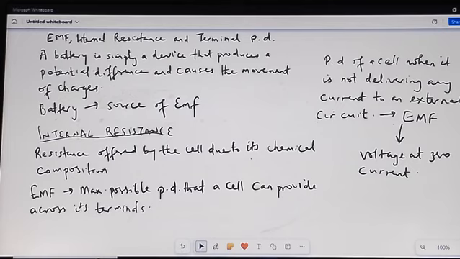So let's look at the relationship between the EMF of a cell, the internal resistance, and the terminal potential difference.